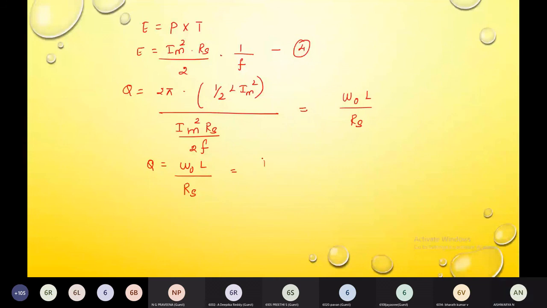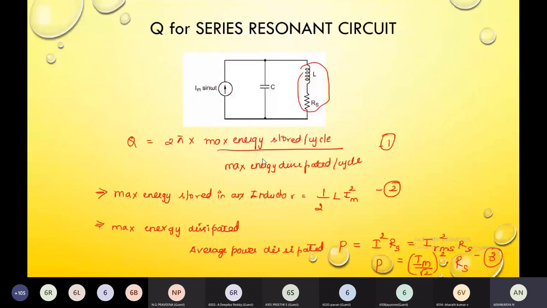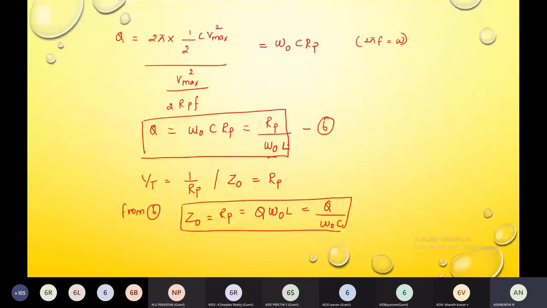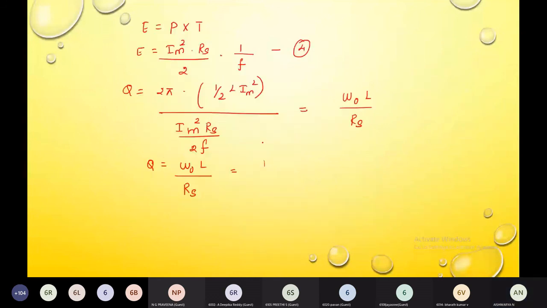So shall we see? Here I have derived with respect to omega naught C, and when I want to represent, I have represented it in an opposite way. Omega naught L has been in the denominator. Similarly here, what will happen? It is nothing but 1 by RS omega naught C. Okay.